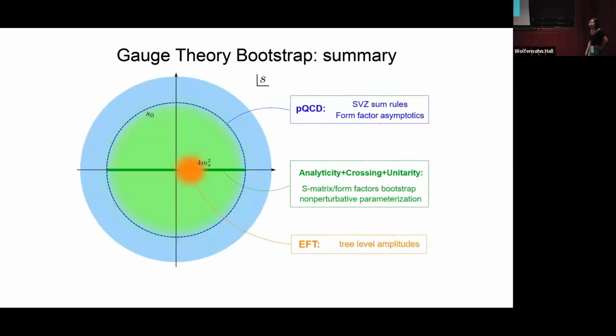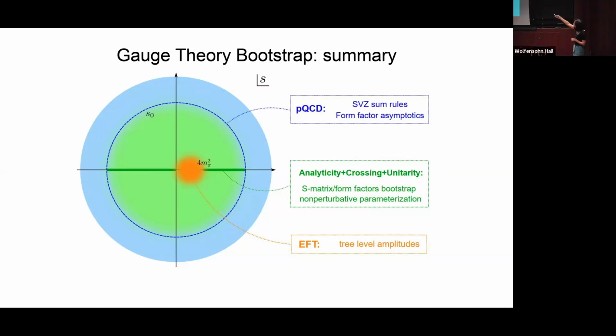Before I describe the approach, let me give you a summary of the basic building blocks of this approach. Let's do this by looking at the complex plane of the Mandelstam S variable. The central part of this approach is a modern S-matrix bootstrap technology that allows a non-perturbative parameterization of the scattering amplitude that encodes a set of generic consistency conditions.